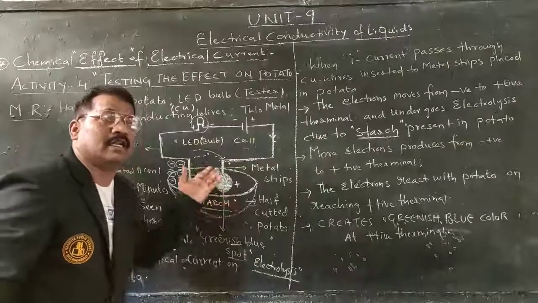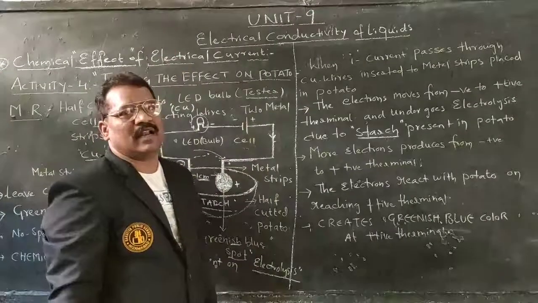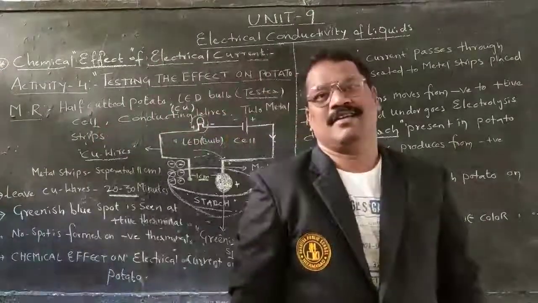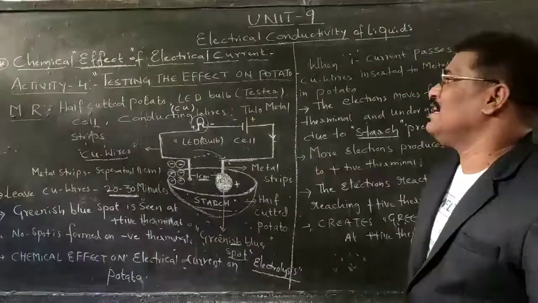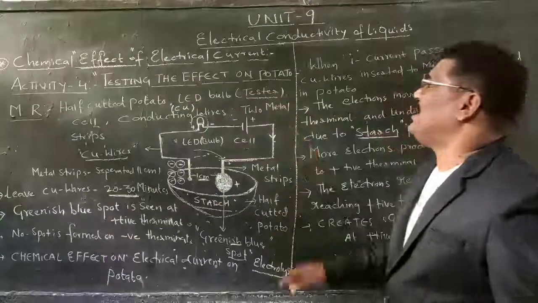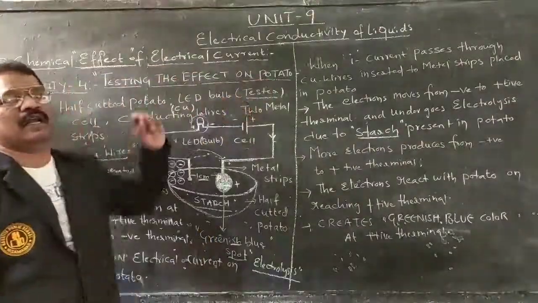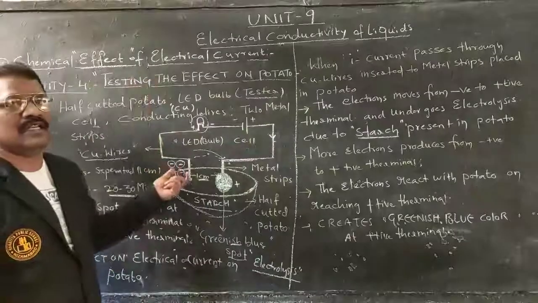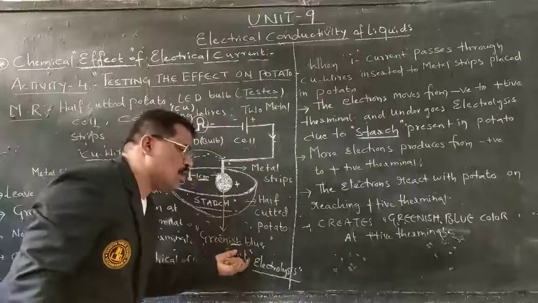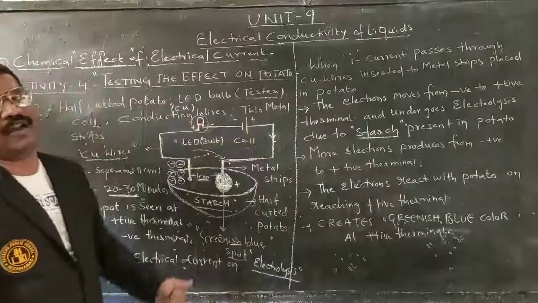On the chemical, a certain effect is happening due to the passage of electric current. By this we can understand that we are testing the chemical effect, the effect upon the potato. By means of what did we test it? By the greenish blue color spot happening at the positive terminal.